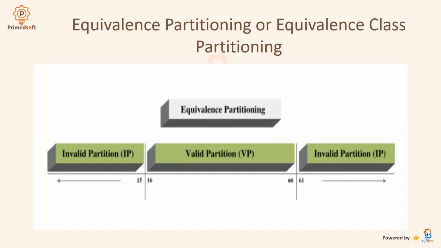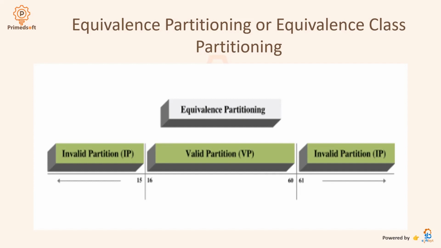So like I said, the software is meant to take individuals from 16 to 60. What you will do is that range that is expected to be taken, you will partition into your valid partition.